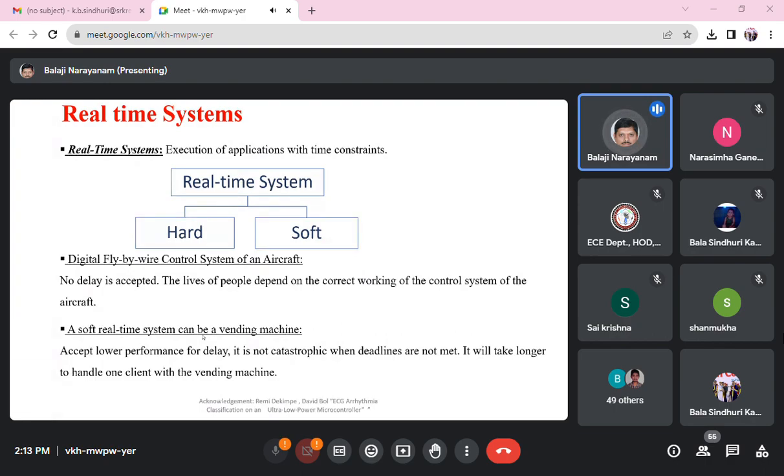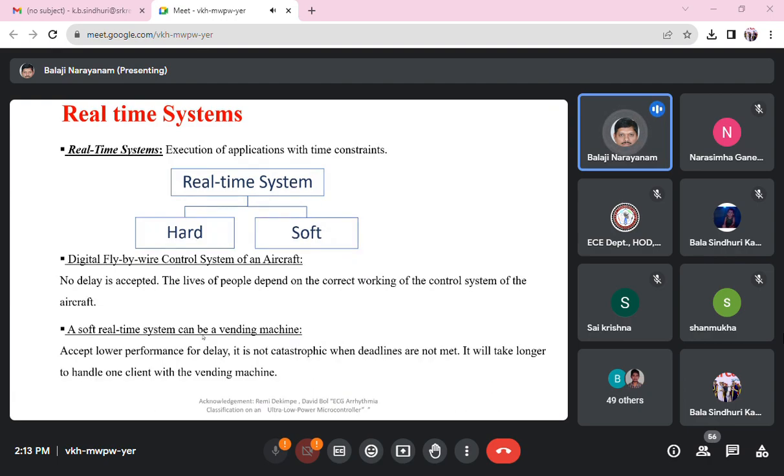So no delay is accepted. Otherwise, the lives of people depend on the correct working of the control system of an aircraft, because more and more passengers will be traveling through the aircraft. If any real-time constraint was not met, there will be a fatality of these people. So that's an example of a hard real-time system.